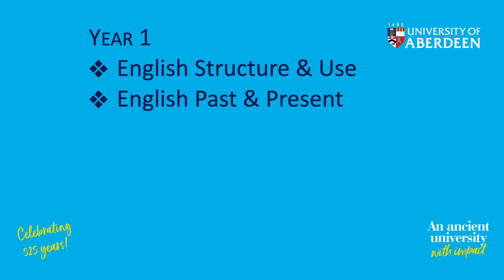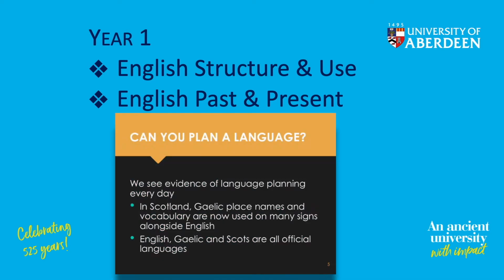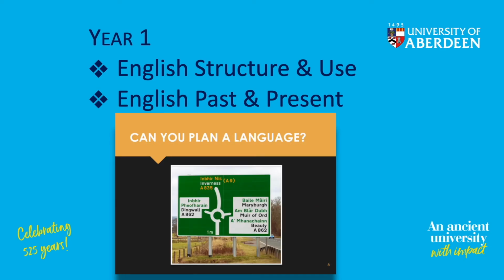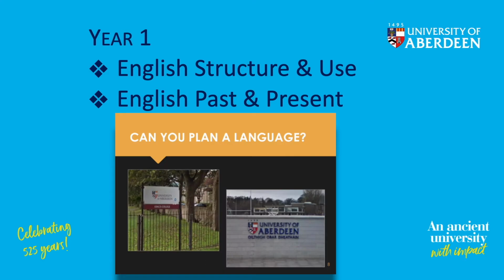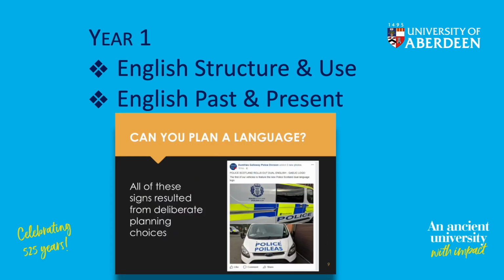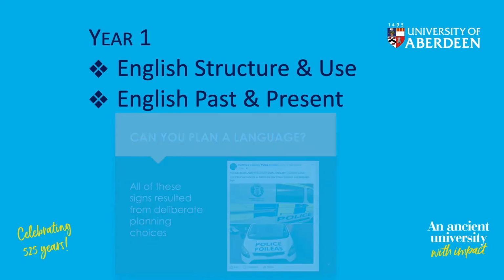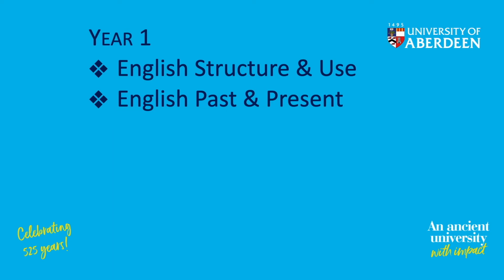We then, in the second half of the course, consider the ways in which English varies in the present day, and also some of the interesting new directions that languages such as English are taking. So for instance, we look at online communication, both in speech and also in a written form.